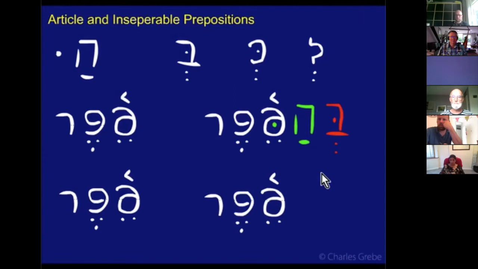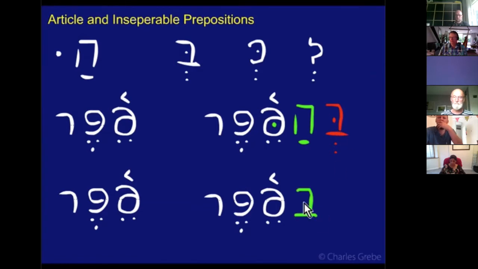So the hey is replaced with b, le, or k, and whatever vowel is under the article stays there. Right now it's a patach. We'll see in later modules that this can change to various things. But whatever it is, whether it's patach or anything else, it'll stay there and the b will just take its place.